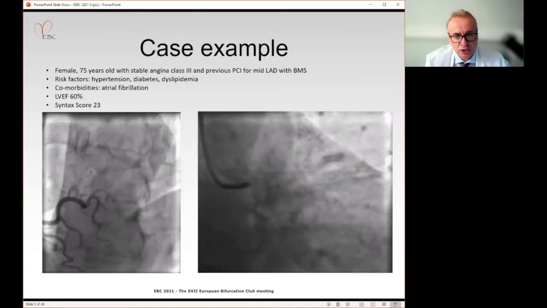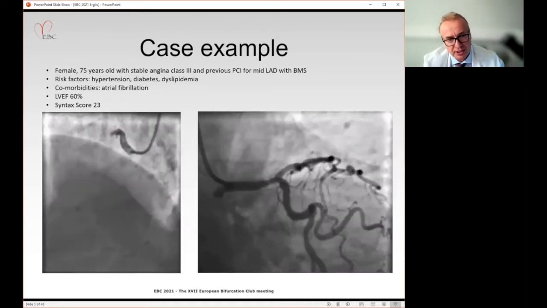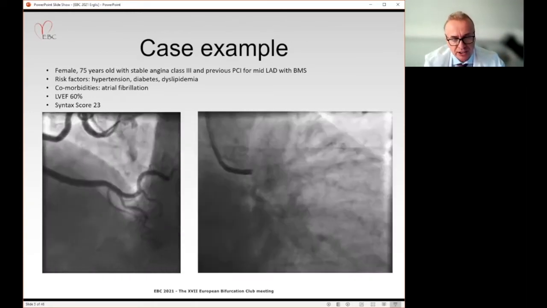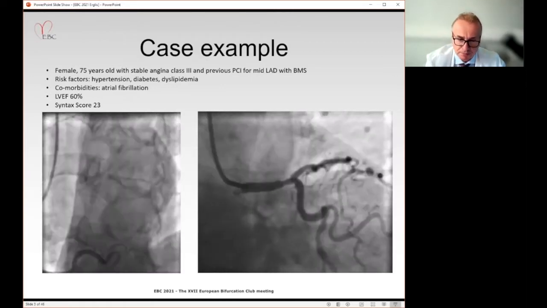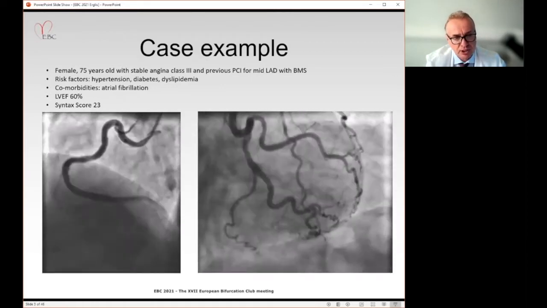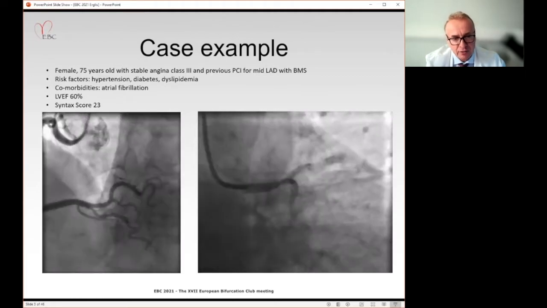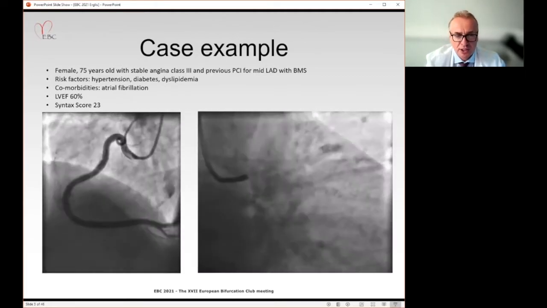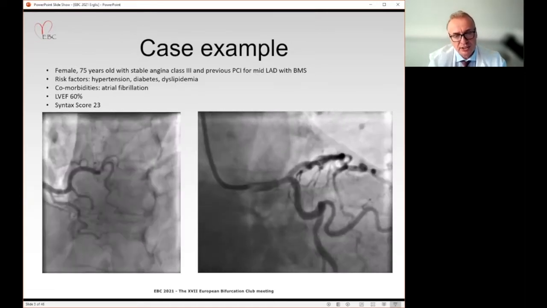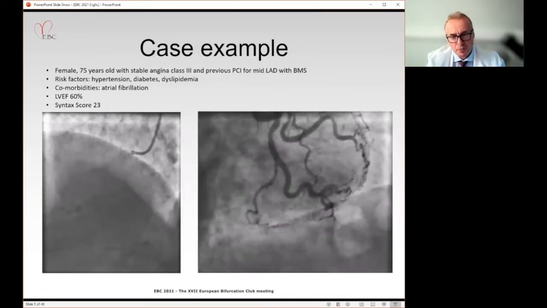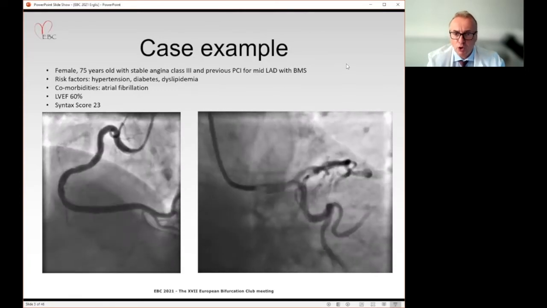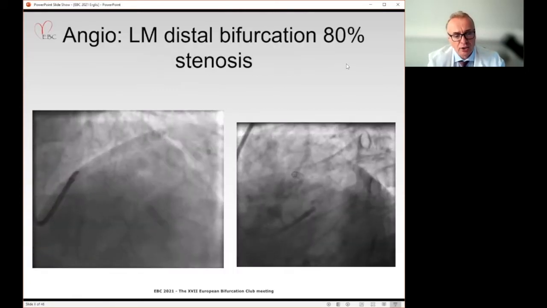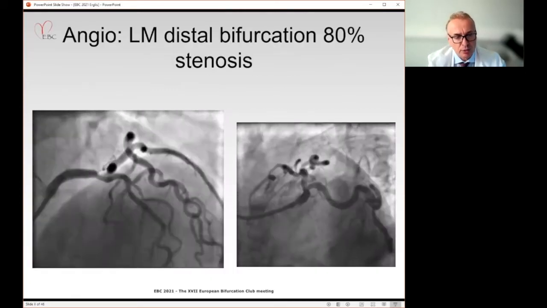As you see, the SYNTAX score is not so high, but it is the usual story about isolated left main, because as you know, left main itself does not actually give us a very high SYNTAX score.